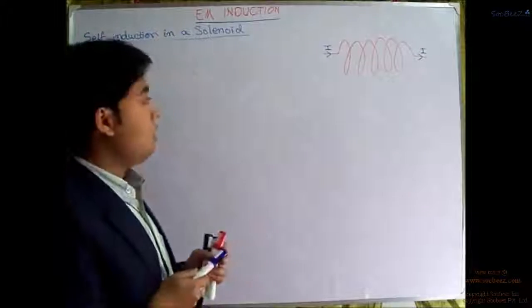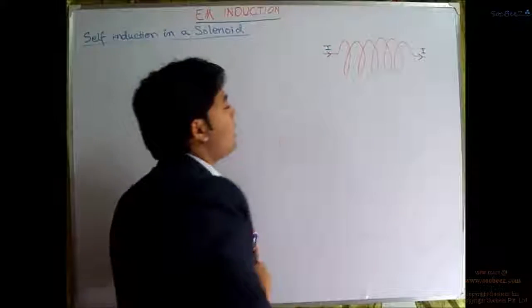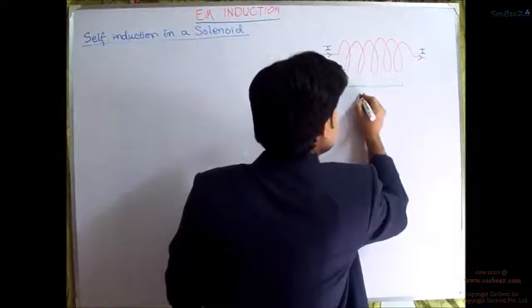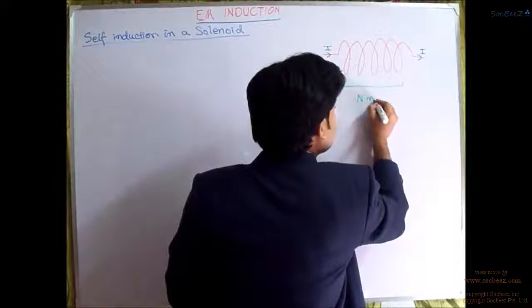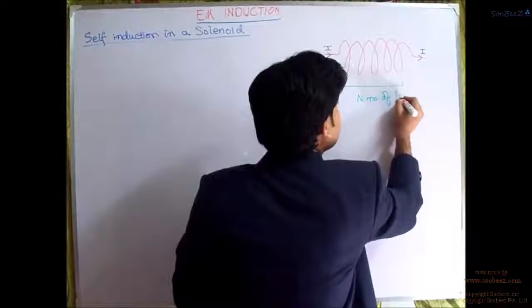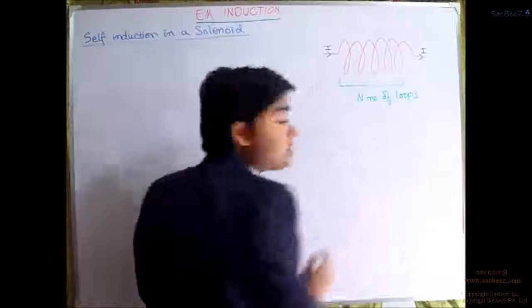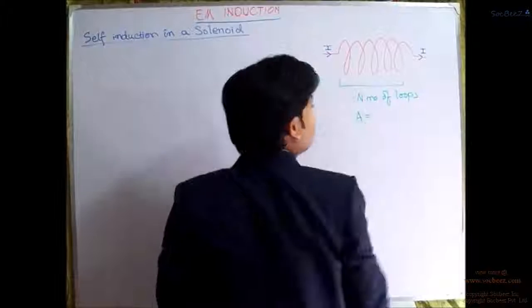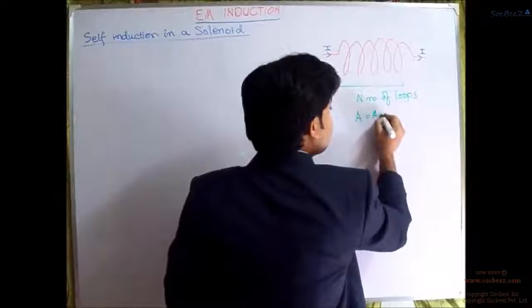Now in the solenoid, obviously there will be a current, this I, and also we can say there are N number of loops, and we could denote A as the area of the cross section.